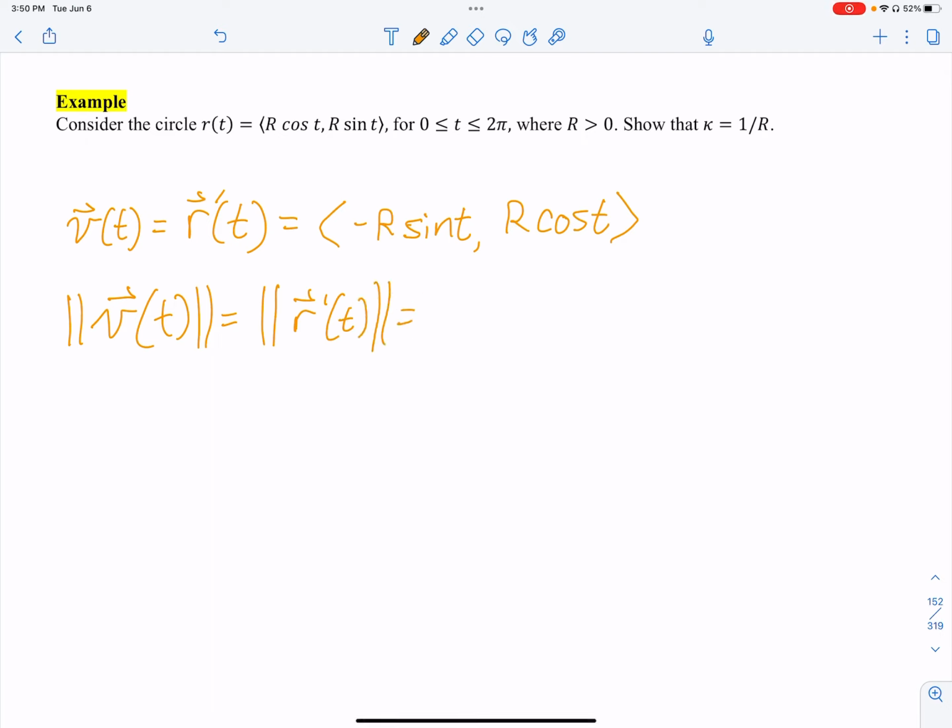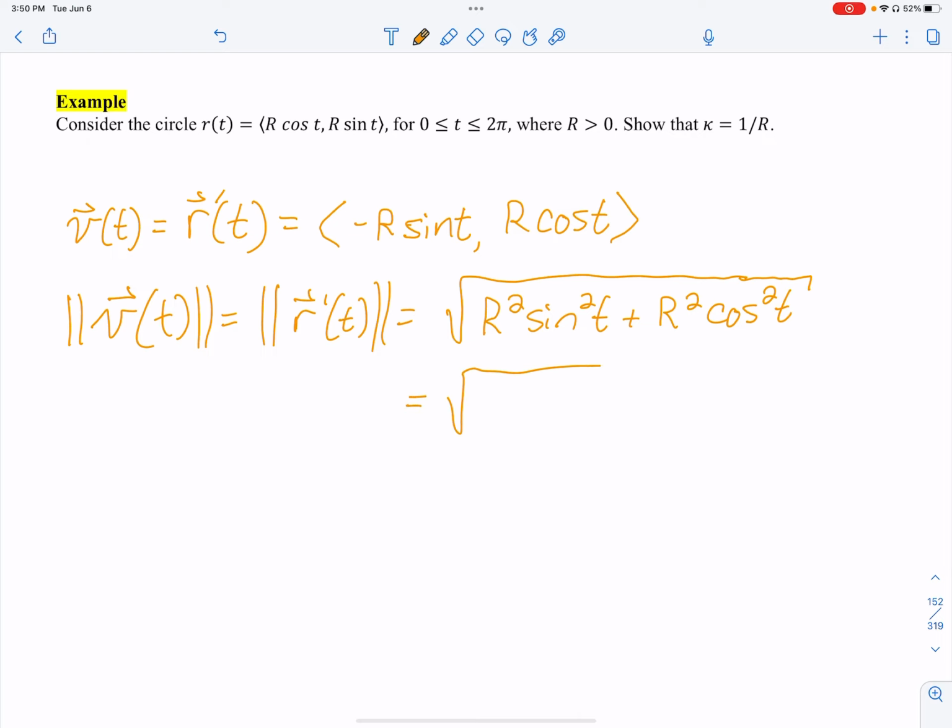I get the square root of R squared sine squared t plus R squared cosine squared t. We can factor out our R squared, leaving sine squared t plus cosine squared t. Hopefully bells are ringing: that is a 1. That's gone. The square root of R squared is the absolute value of R, but we already said that R is greater than 0, so I don't need the absolute value. So the magnitude of v is always R.